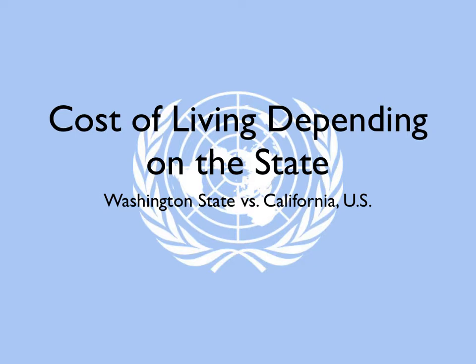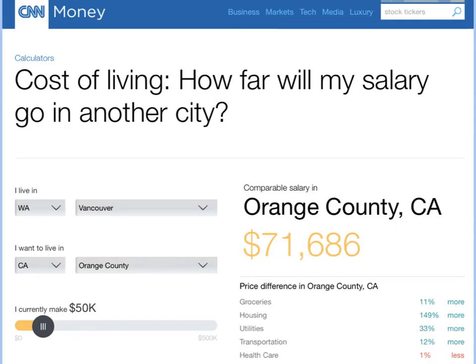For the cost of living in the US, I chose 2 states that I am familiar with, namely Washington State and California. To compare the cost of living between Washington State and the city of Vancouver and California, Orange County, I used CNN Money.